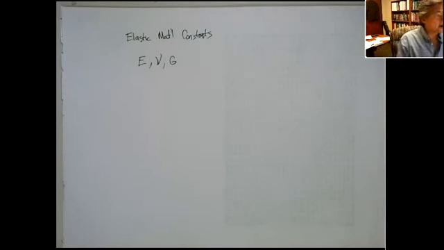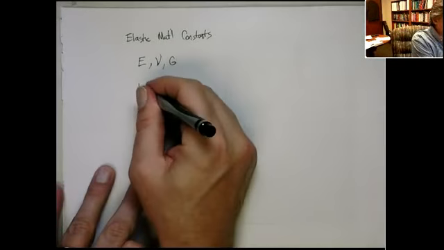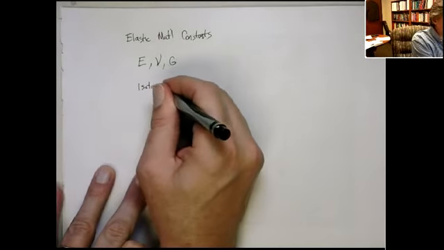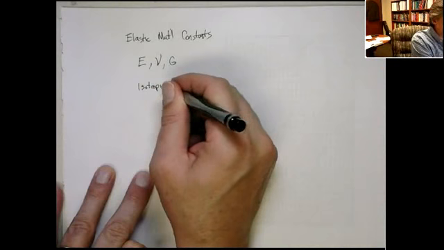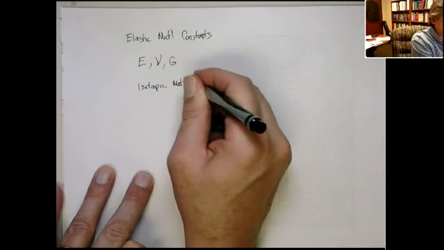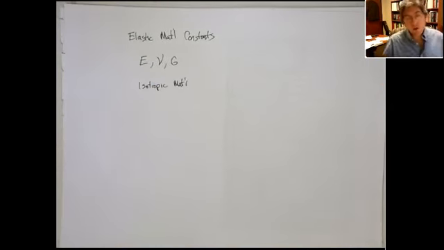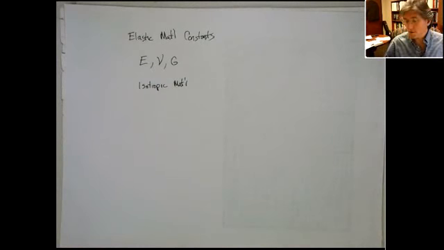Now, as it turns out, you have an isotropic material. In other words, that means there's no preferred direction for the material. So most of the time, materials are assumed to be isotropic.